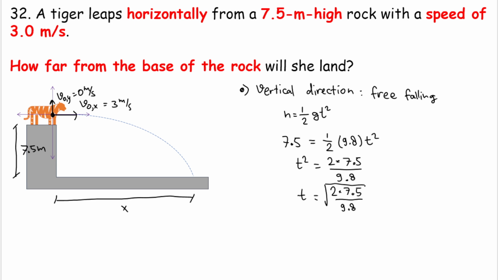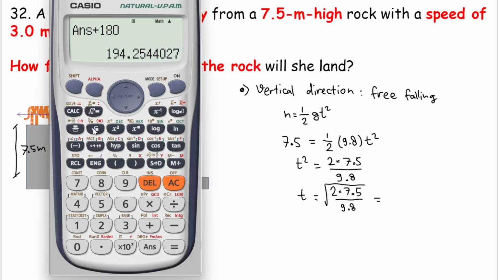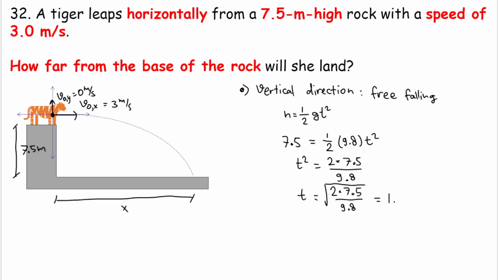And what we can do here is plug this into the calculator, right? Okay, and that will be 1.24 seconds. And that is an important value because that is the time when the tiger gets from here until here. Good. And that is for the vertical direction.